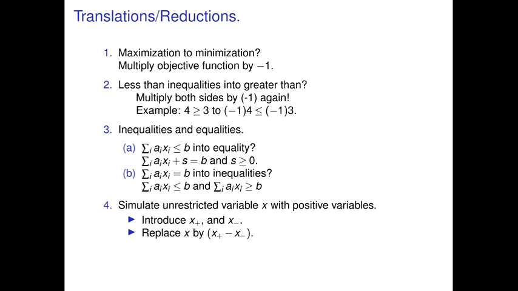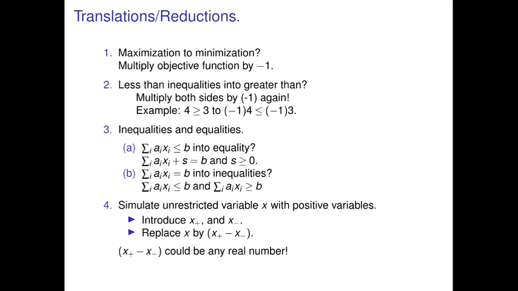So by replacing x with the difference of two positive variables in your formula and restating it, all the variables you run the linear program on will be positive. For any real number, I can write down two positive numbers that become that number.